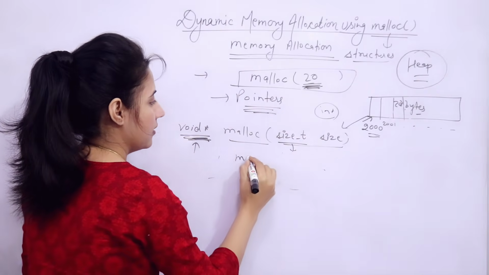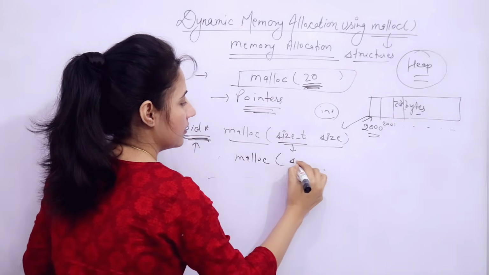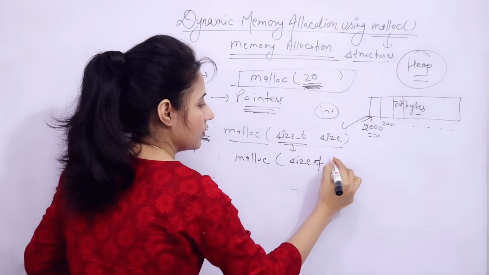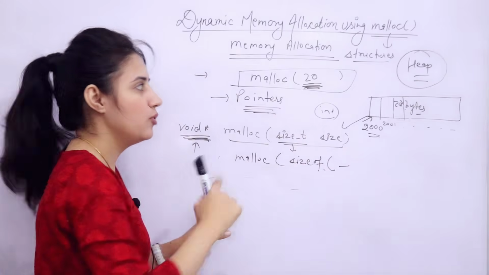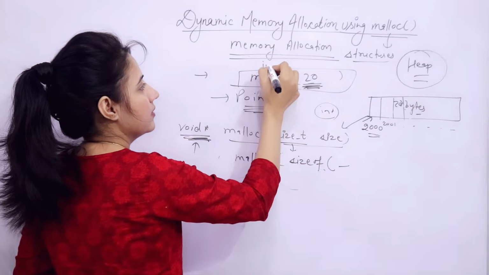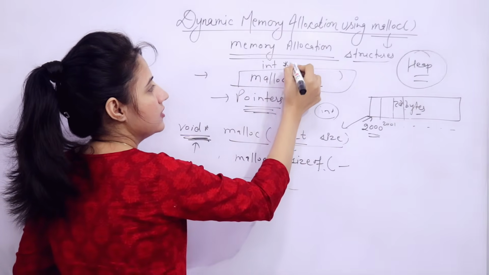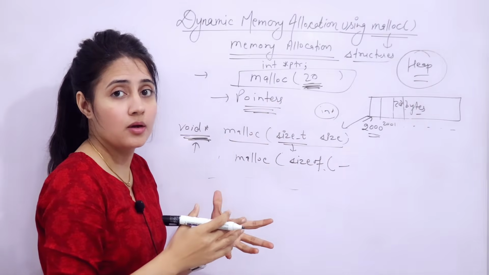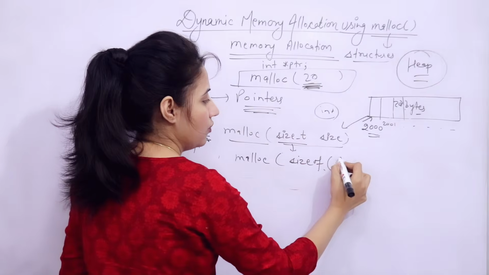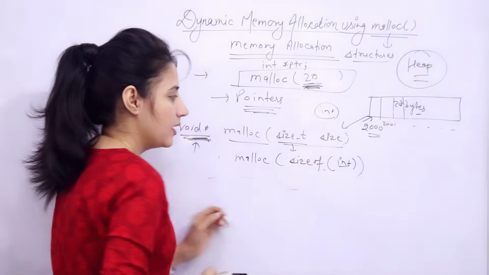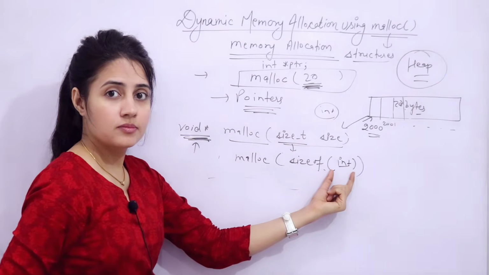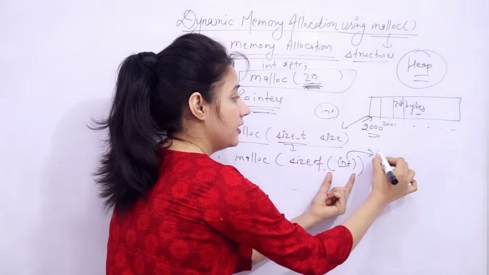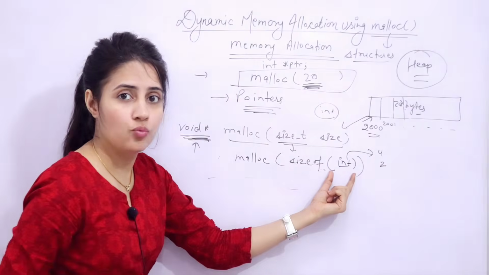We will write malloc and sizeof in brackets, suppose I want to take int. I have taken an int pointer, int star ptr, meaning I want to store an integer value here, right? So here I will take sizeof int. Sizeof int means in some machines an integer takes 4 bytes, in some machines it takes 2 bytes.